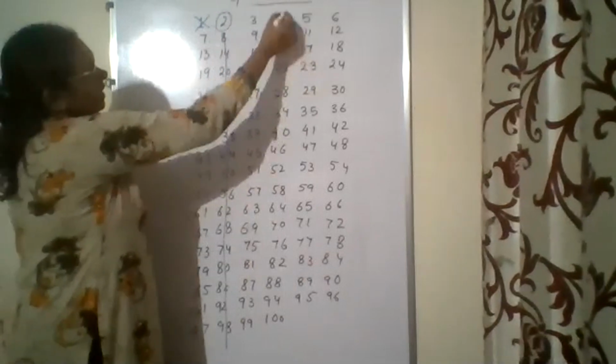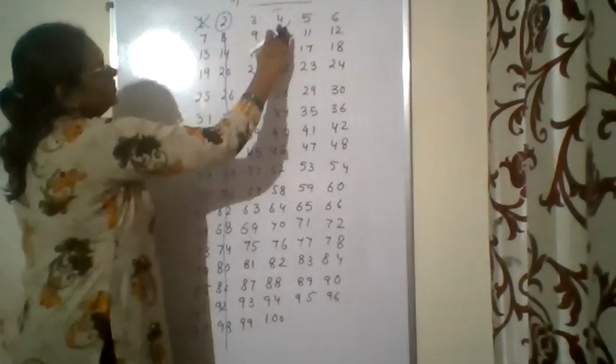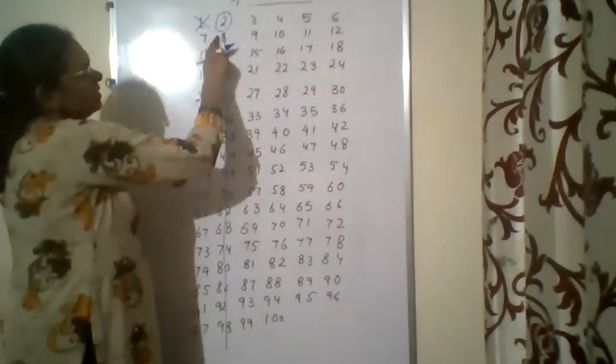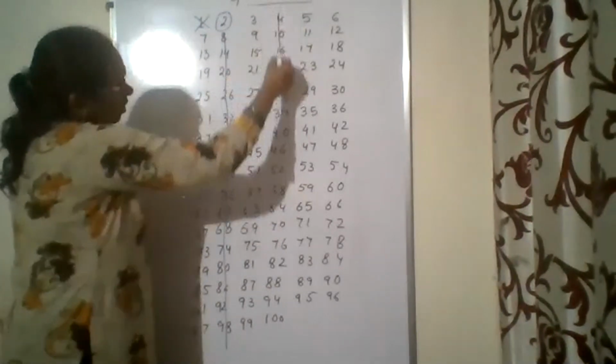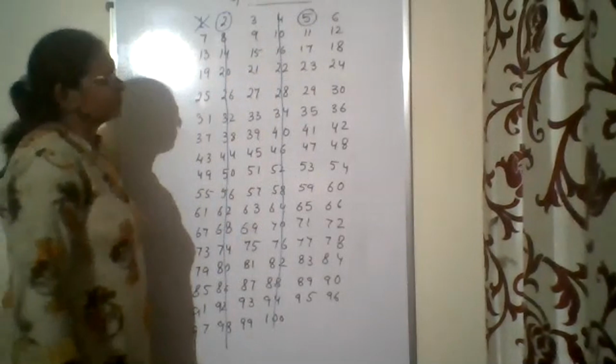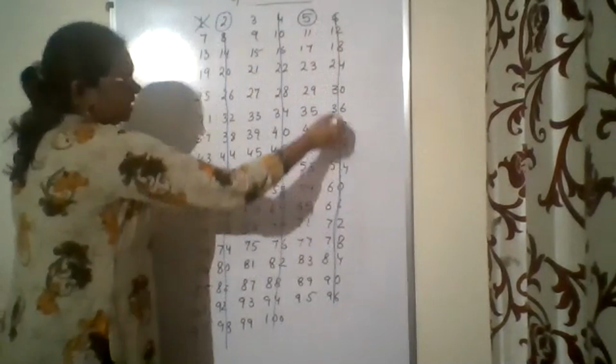Again, 4 is a number divisible by 2, so strike off this column because all the numbers below 4 are divisible by 2. Next, number 5 is a prime number, right? Number 6 is again divisible by 2, so you can strike off the whole column of numbers below 6.